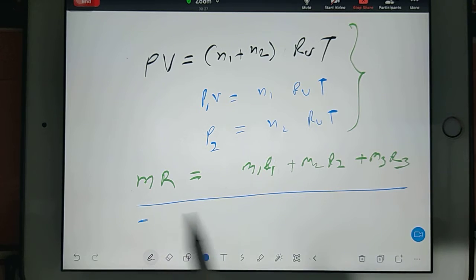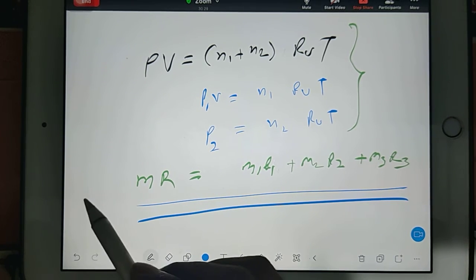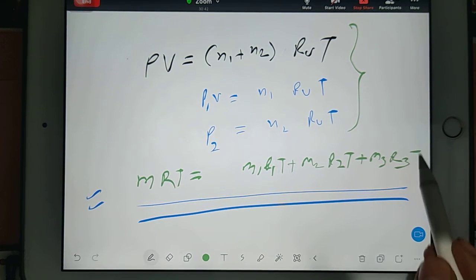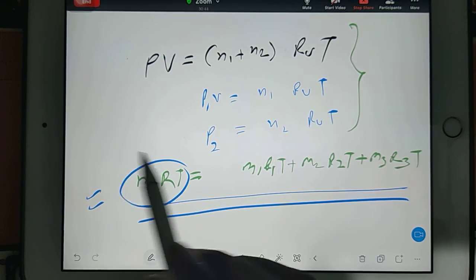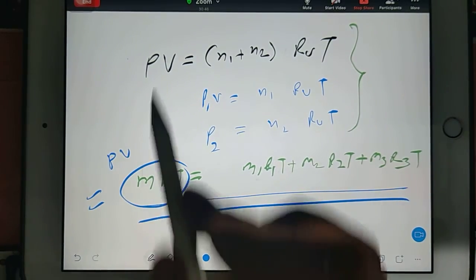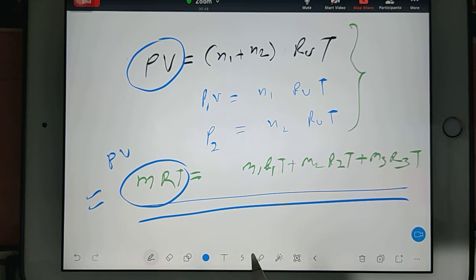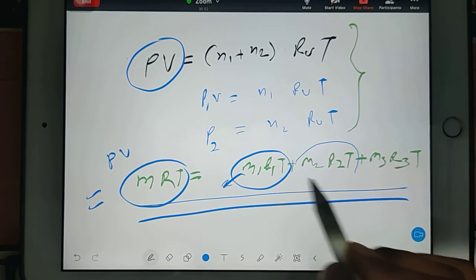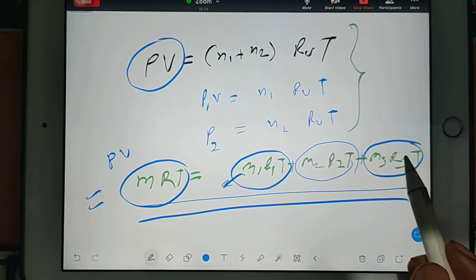How can you do this? Because here you may make a mistake. It is very easy, we are just equating total pressure to the partial pressures. If you multiply by T everywhere, this is nothing but total pressure into volume, and this is the partial pressure because of gas 1, gas 2, gas 3.